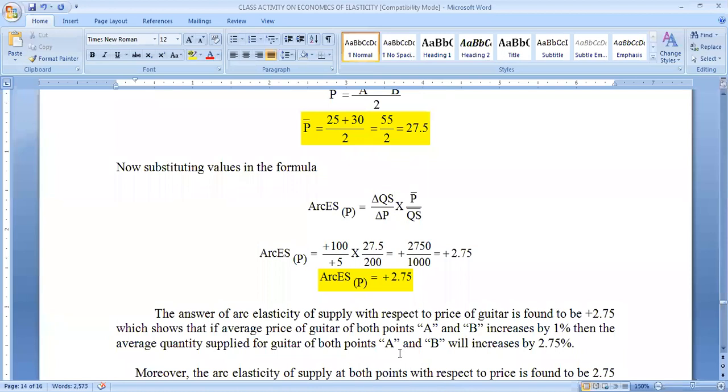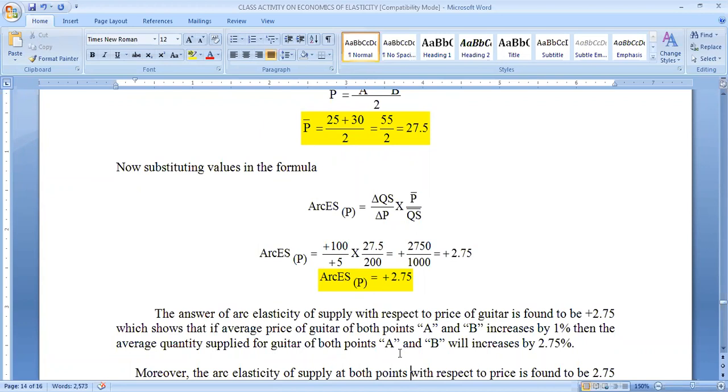So after substituting their values, when you multiply 100 with 27.5, the result is 2750, right? 100 multiplied by 27.5, the answer is 2750.